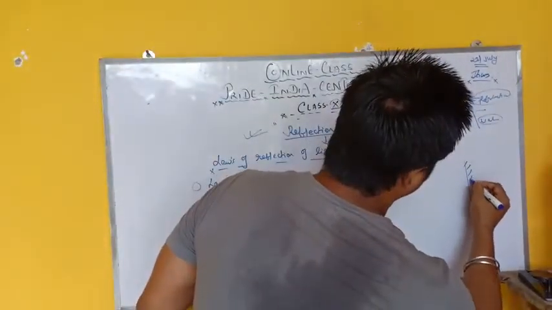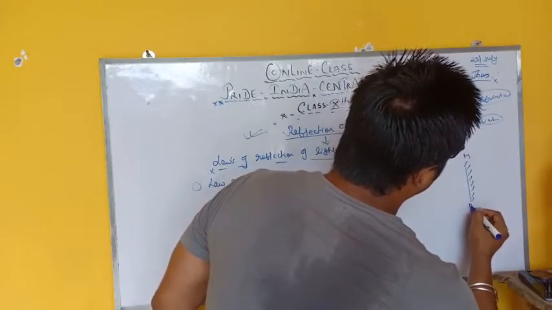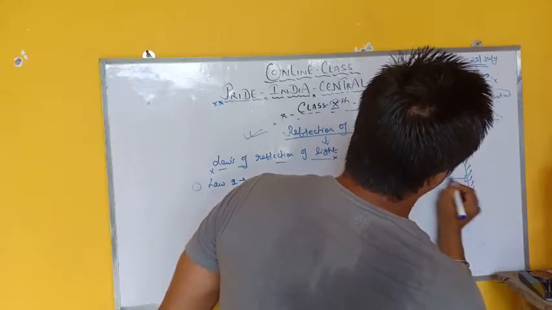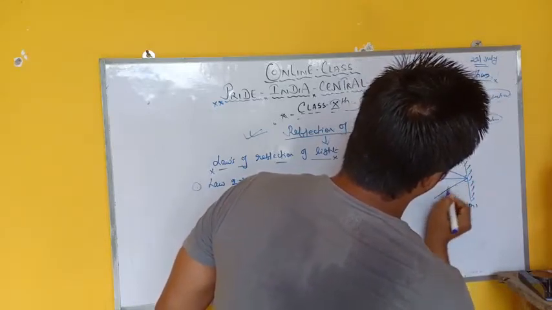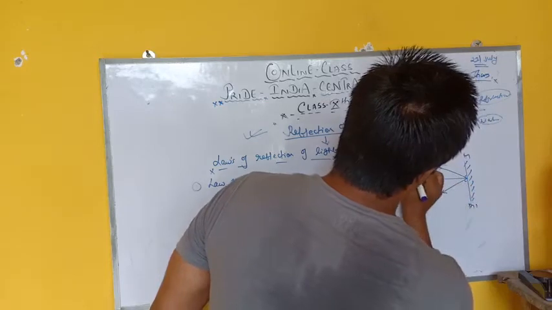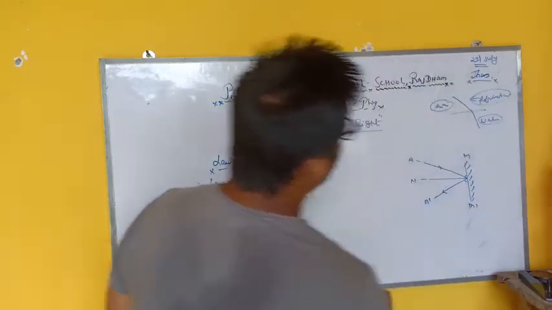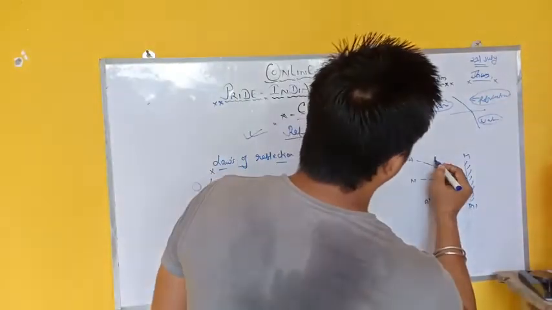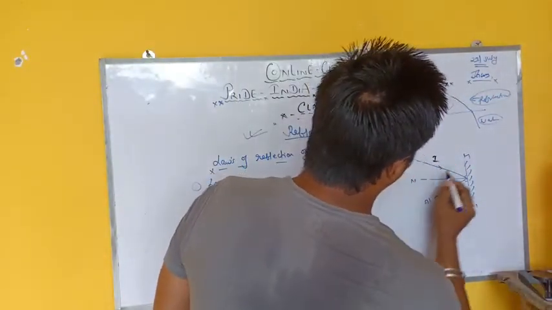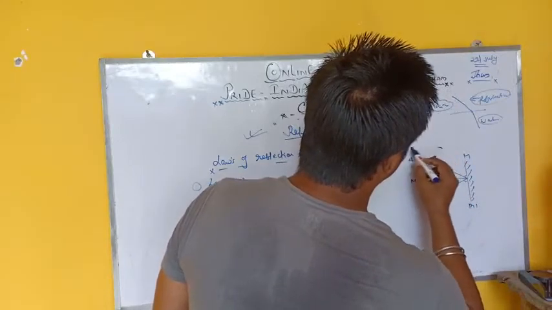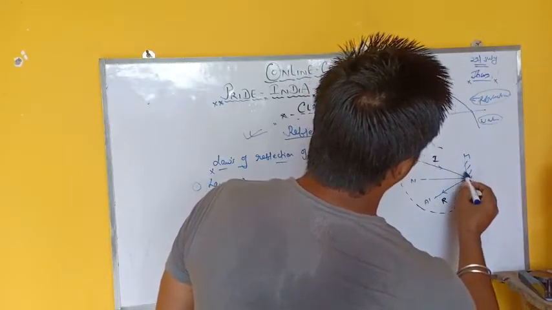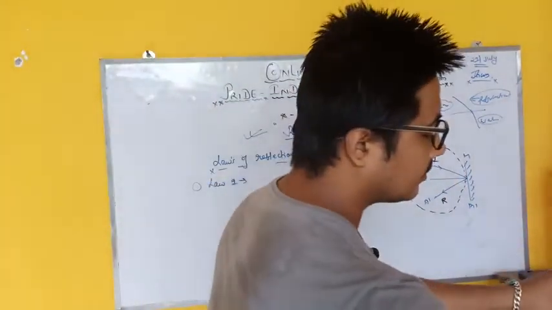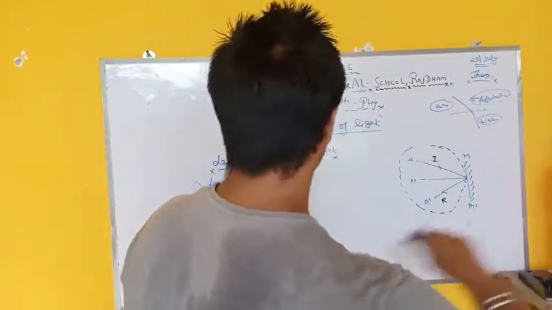Suppose this is M dash, this is the normal N, at 90 degrees. So the incident ray, the reflected ray, and the normal all lie in the same plane of paper.